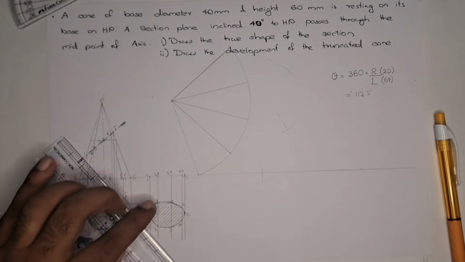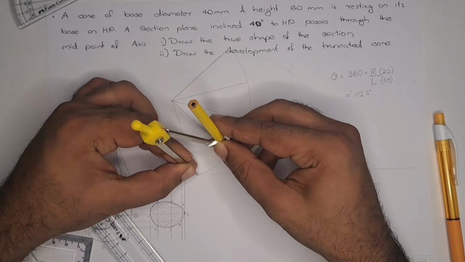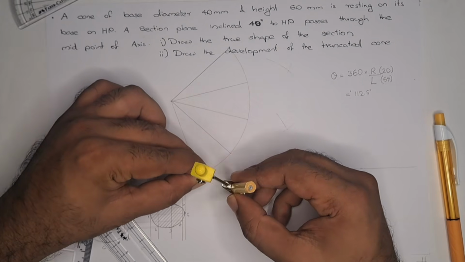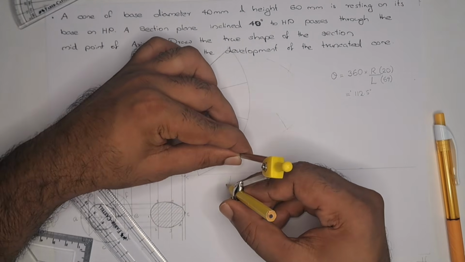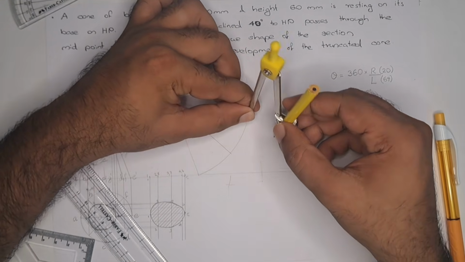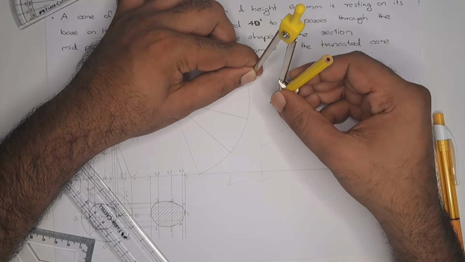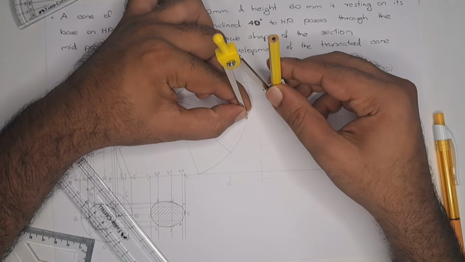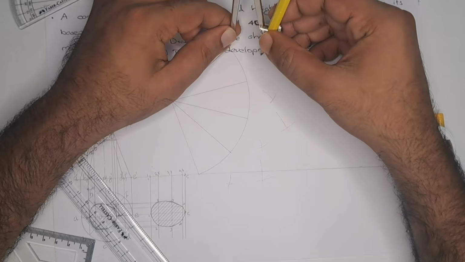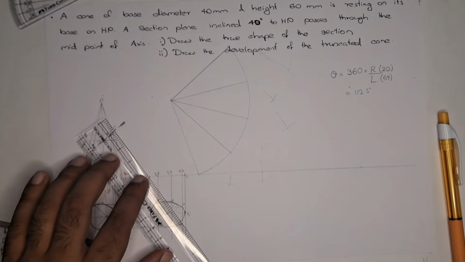We can again divide this portion. So we get the next 4 points.